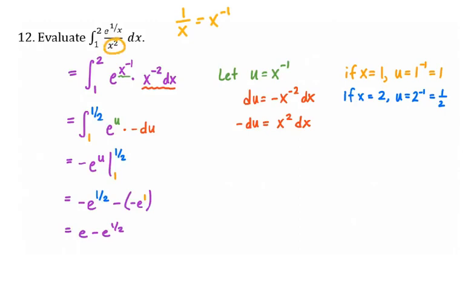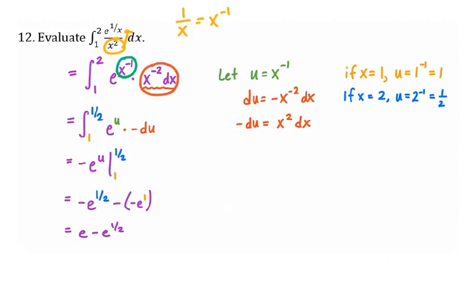So this x squared, if you move it up, would become x to the negative 2. Then it helps you see the relationship between x to the negative 1 as a u term, and then x to the negative 2 tied into the derivative of that u term.